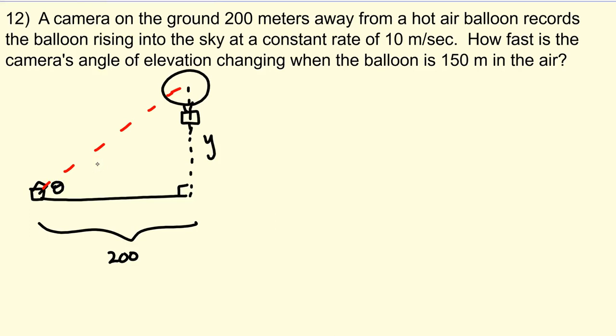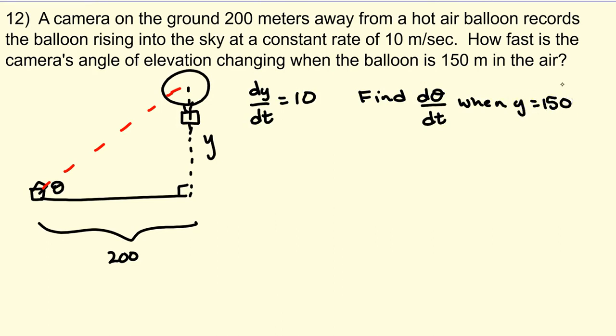And remember, in calculus, our default is radians instead of degrees. So, is everything labeled? Do we know any more? It's rising at a rate of 10 meters per second, so that would be dy/dt is 10. And we want to find d theta/dt at the moment when y equals 150.